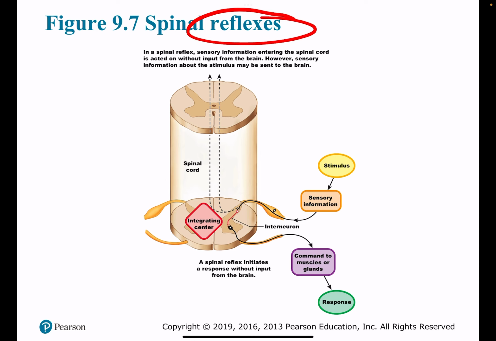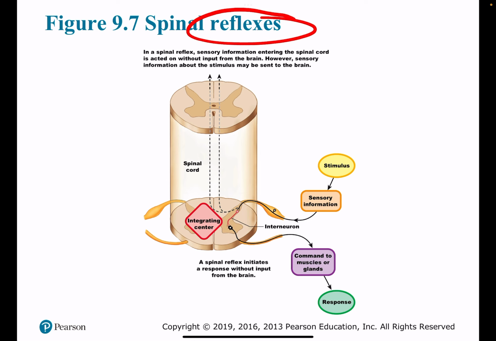For our spinal reflexes, something happens, info comes in dorsal, right, into an afferent, but it is integrated right into the spinal cord. This pulling away of your hand happens here. The idea of the fact that it's hot and you just got burnt goes up to the brain.